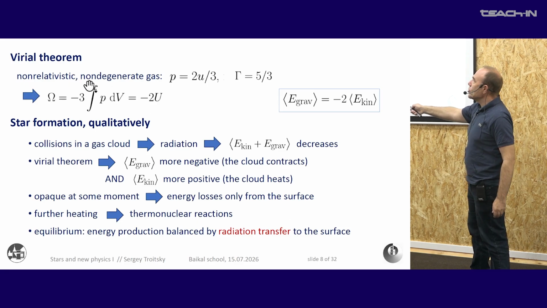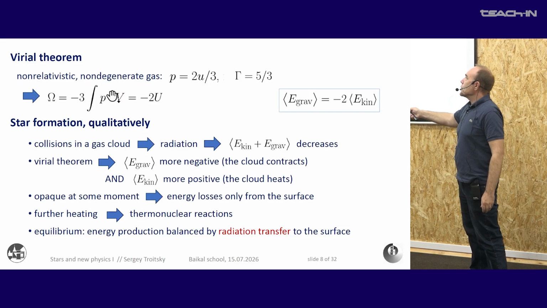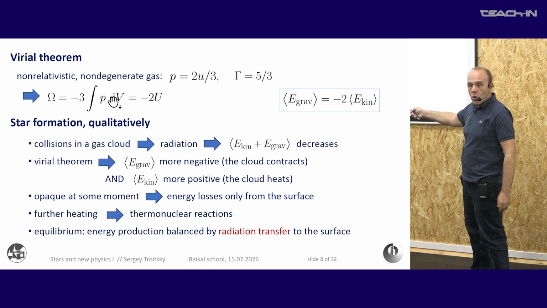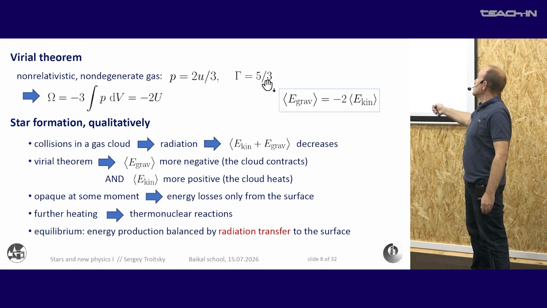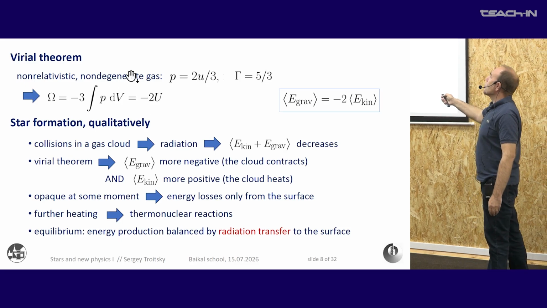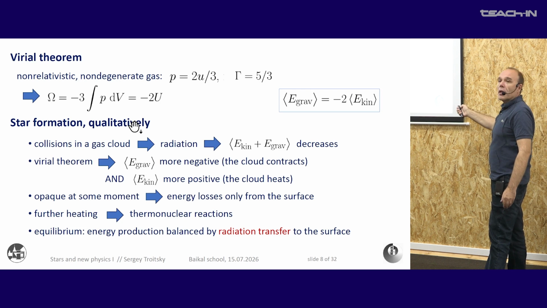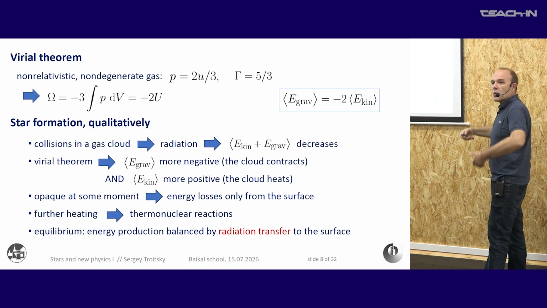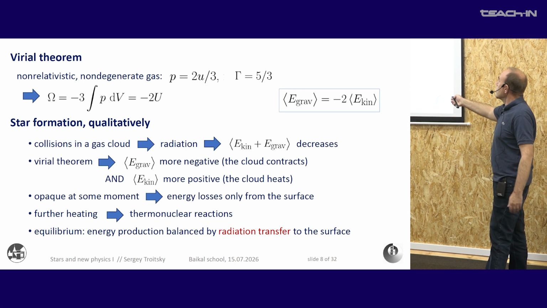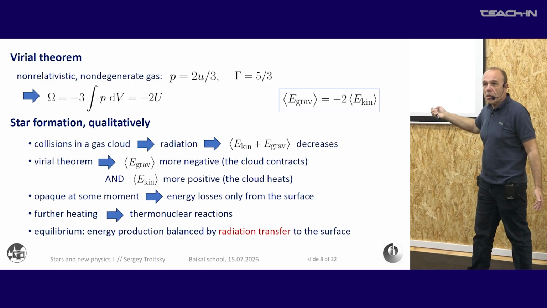So, for non-relativistic gas, we will speak about non-degenerate for the moment, but you remember that the same was for non-relativistic degenerate Fermi gas. We get the virial theorem relating gravitational and internal, that is thermal, that is kinetic energy of an object, our star in particular.